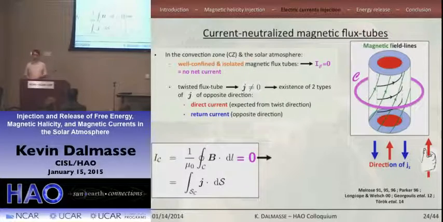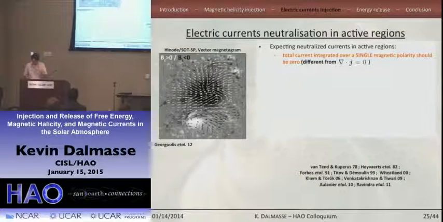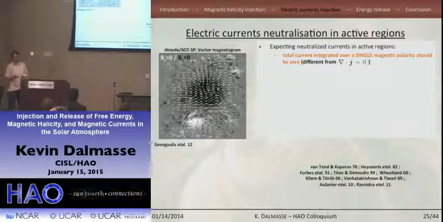And so the condition of no net current means that the return currents are neutralizing the direct currents. So because magnetic flux tubes are supposed to be well isolated in the convection zone and in the corona, it was expected that electric currents should be neutralized in active regions.